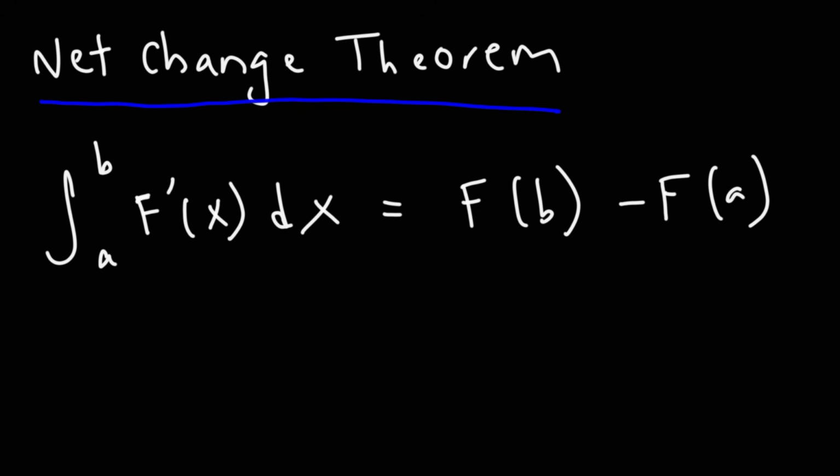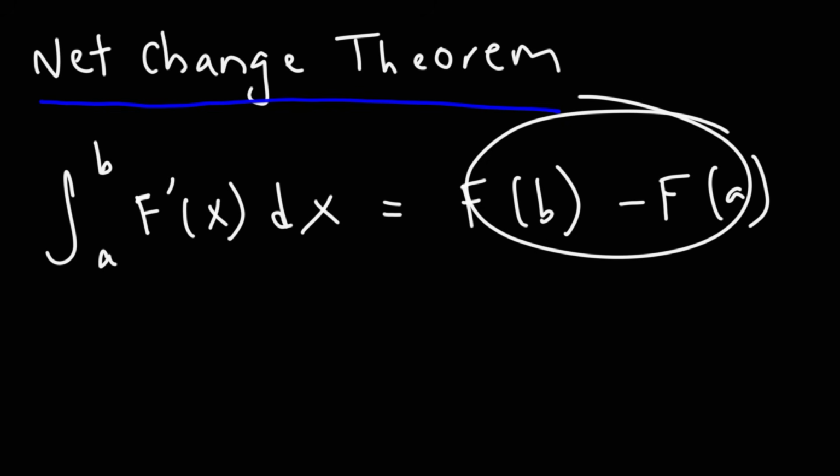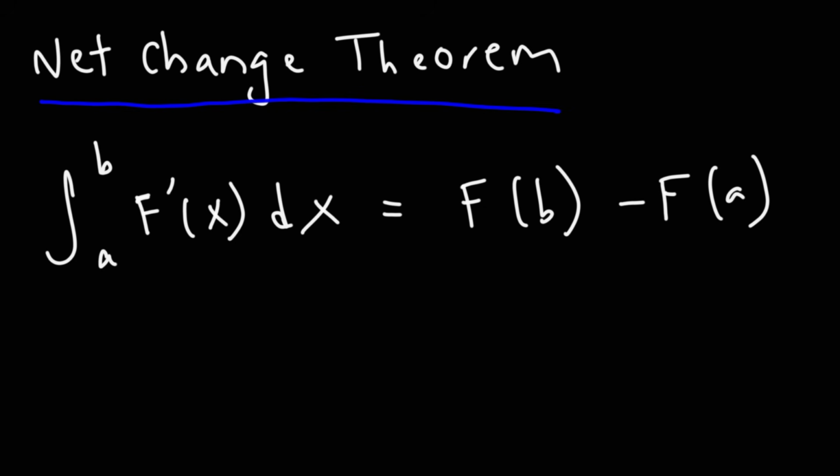So the basic idea is if you have some derivative function, or some function that describes the rate of something, and you want to find the accumulation, you could use the net change theorem to determine how much is accumulated. So let's say you have a function that describes the rate of water flow into a tank, and you want to calculate the accumulation of water from time A to time B. You could use the net change theorem.